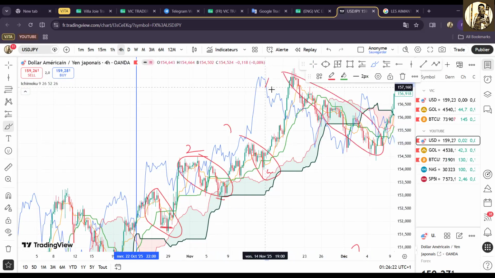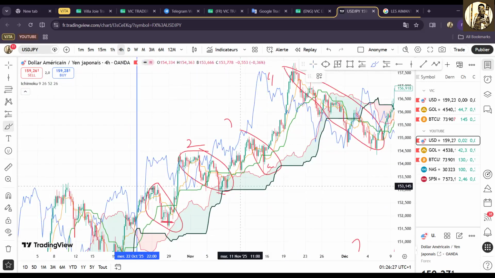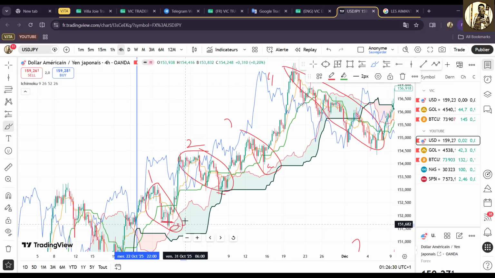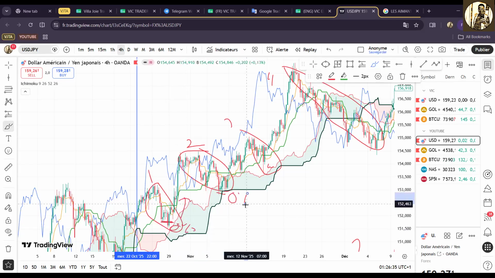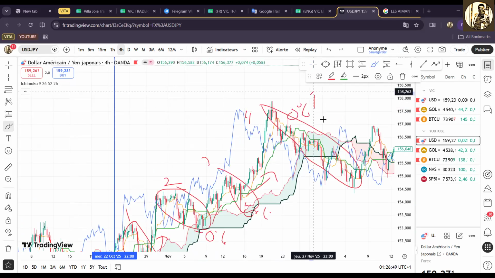That was clear. The first three corrections were like, I'm correcting, but there's 0% chance of me going down. Now I can go up. This one too, 0% chance of me going down. Now I can go up. But the fourth correction, when you start reversing from here, 0% chance of going up.